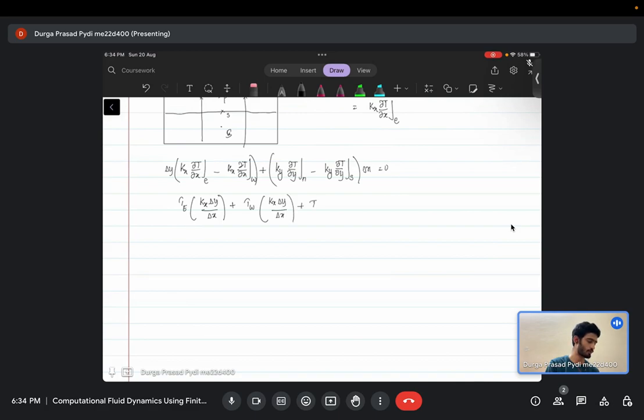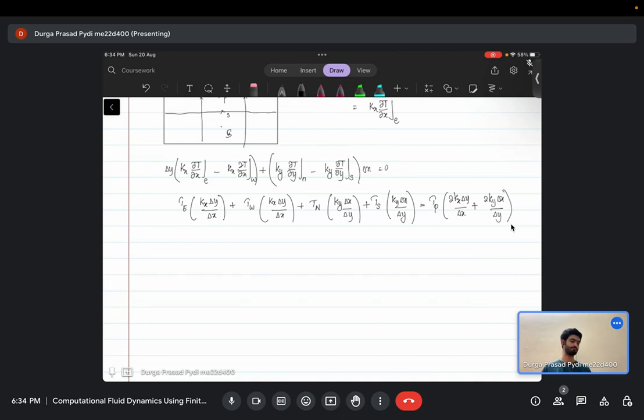For the north coefficient, we have Ky delta x by delta y, and for the south coefficient, we have Ky delta x by delta y, same as the north coefficient, and this should be equal to Tp times 2Kx delta y by delta x plus 2Ky delta x by delta y.